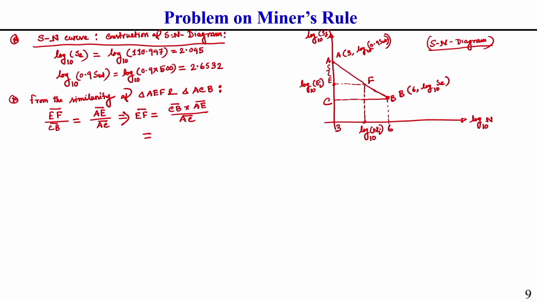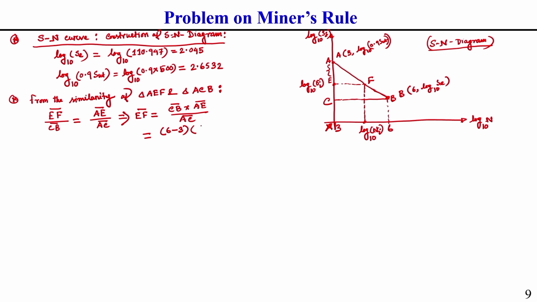What is CB? CB is 6 minus 3; keep in mind this is not 0, this is 3. So CB is 6 minus 3, into AE.